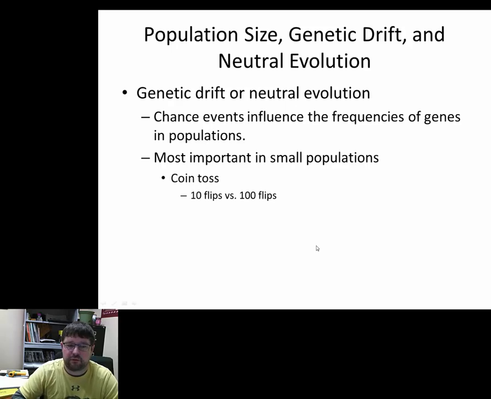You can test this out. So flip a quarter 10 times. Okay, you would expect 5 and 5. Probably not going to get that, because just by chance you're going to get more heads or more tails than the other. Then flip a quarter 100 times.